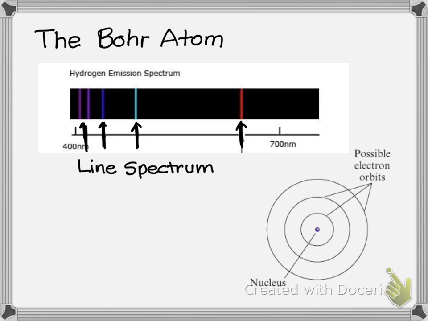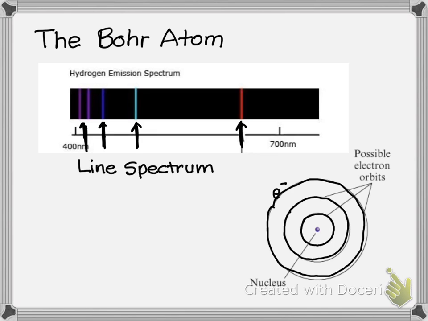That led him to this model that looks like a target, where we'd have the nucleus in the middle, and then he thought the electrons were orbiting around the nucleus with very specific energies. So the electrons would be on these paths. And Niels Bohr did think that they would be orbiting.